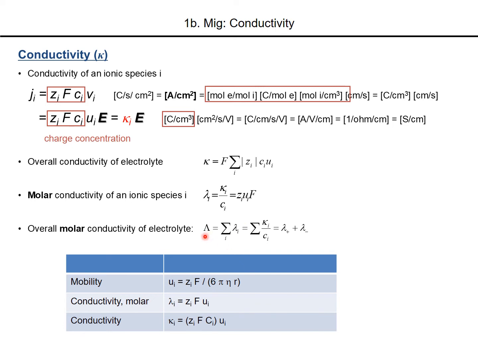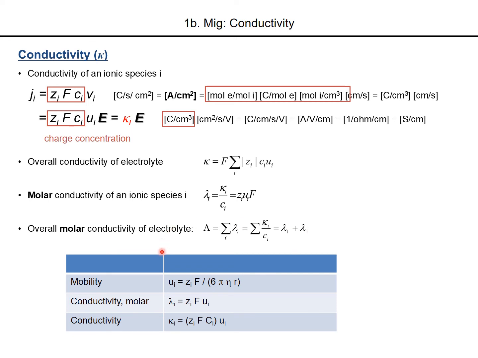Sometimes the overall molar conductivity, lambda, can be described by lambda plus and lambda minus for one single salt, like sodium chloride. It means we have only one cation and one anion.